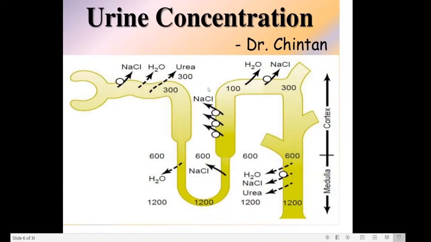At the next level the concentration becomes low, because CO2 and H2O and NaCl are removed, so there is a low concentration of urine and urea. Then the last step, in the medulla, has a concentration of 2200 mOsm per kg.